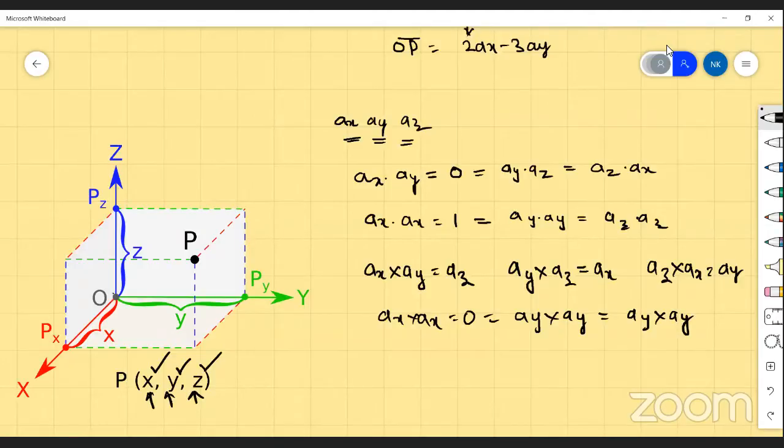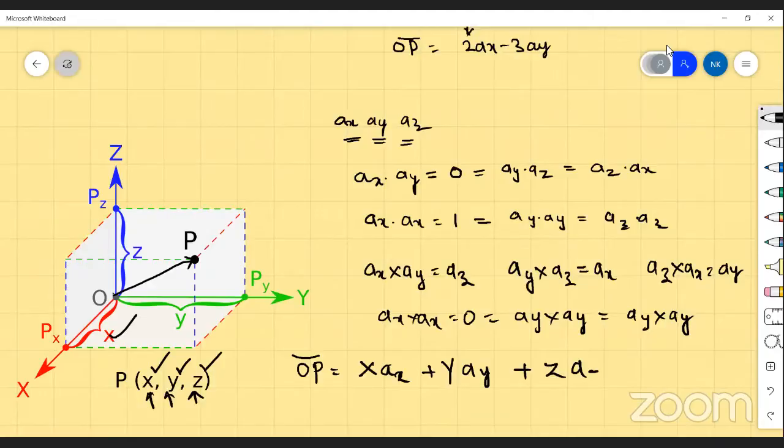Now x units along x, how do you represent it? Let us say this is the vector, then OP bar is equal to, so it has moved x units along x direction, y units along y direction, z units along z direction.